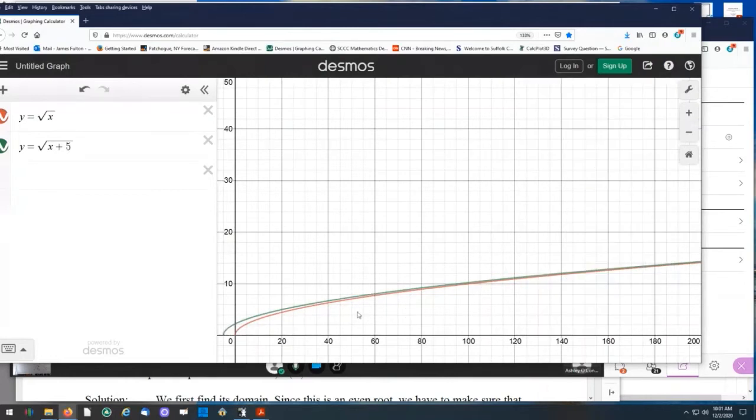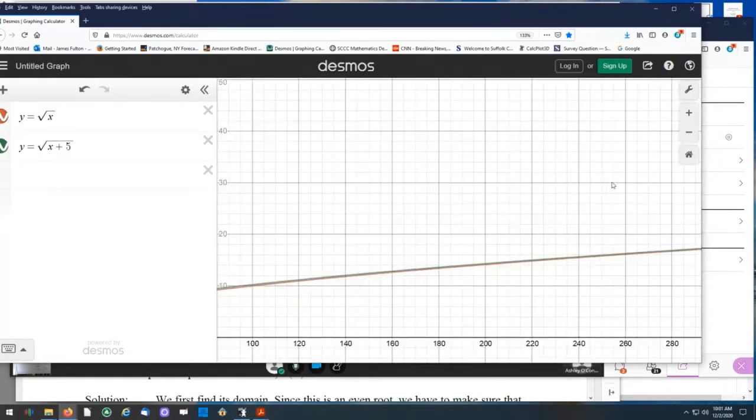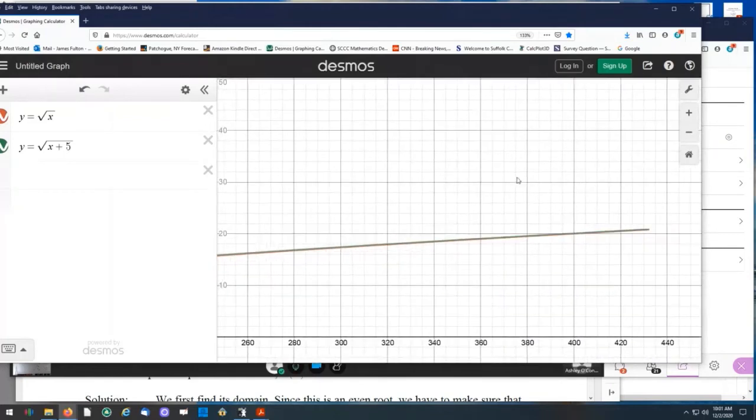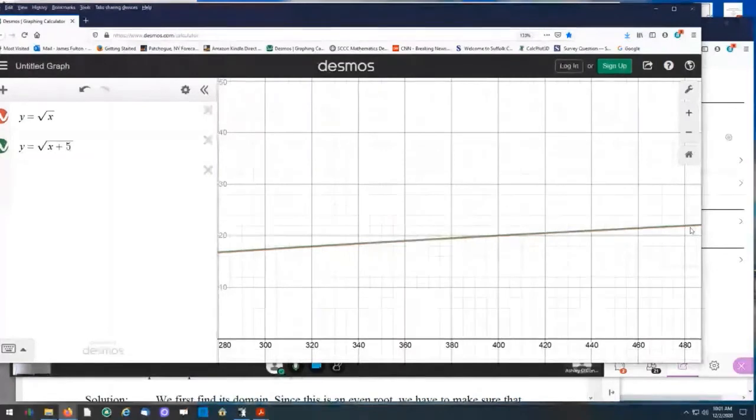What you see happening is the further out I go, it's indistinguishable between the two graphs. You see how they approach each other? Further and further out, you see very little distinction between the two curves.